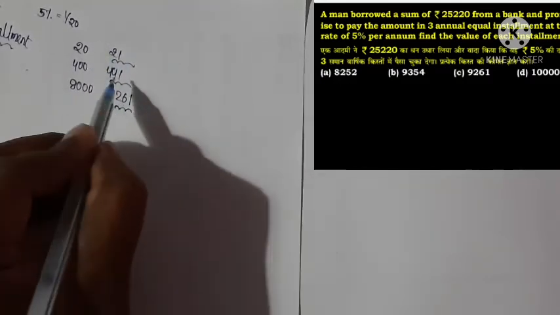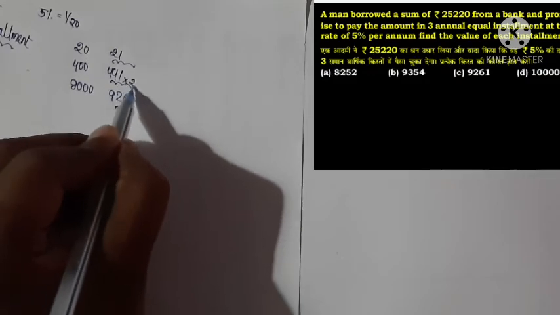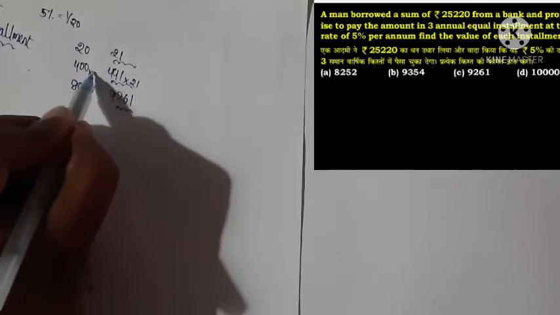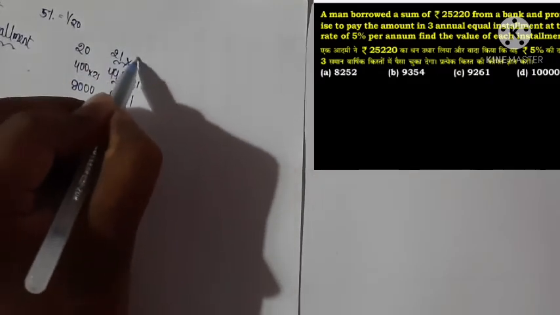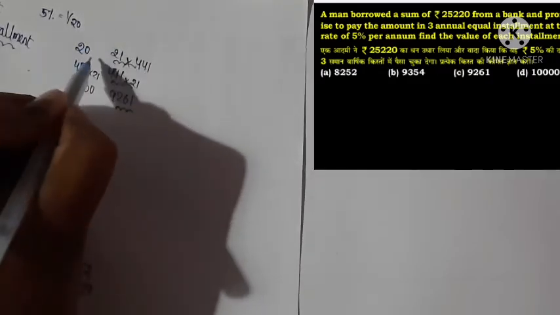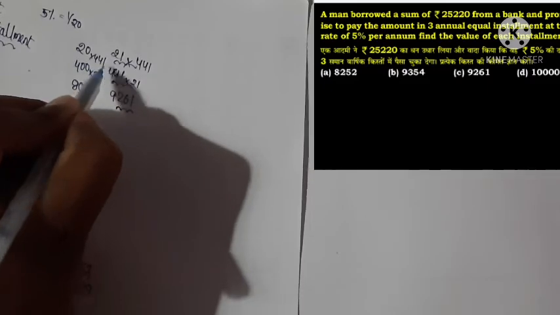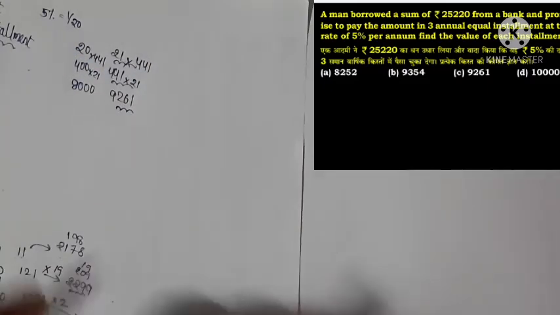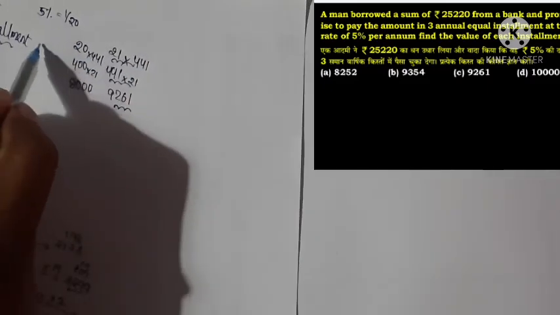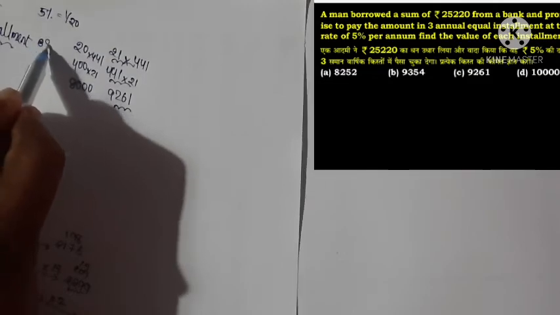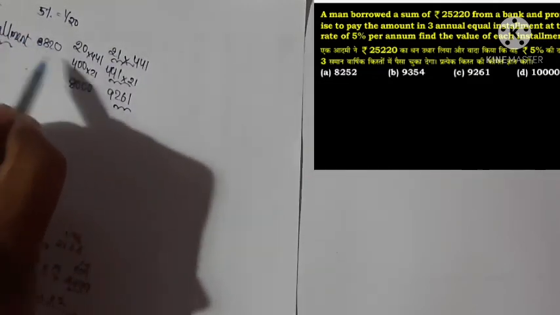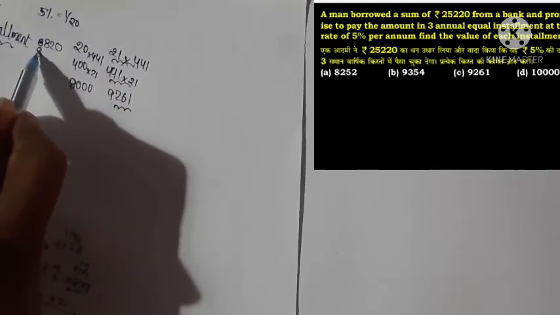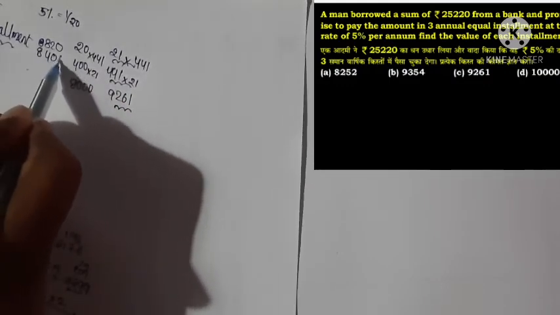So how to equalize? You can multiply with 21. That means you can multiply this value into 21. So multiply this value into 441. That means you have to multiply this value into 441. So 441 into 20, 8820. So 21 into 4, 84, 8400.